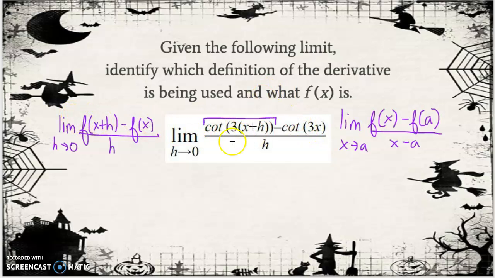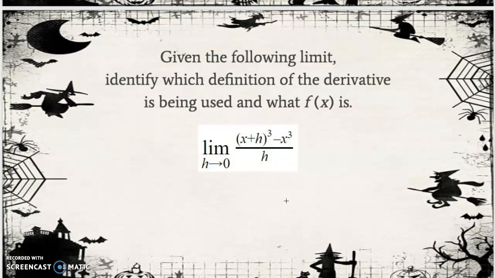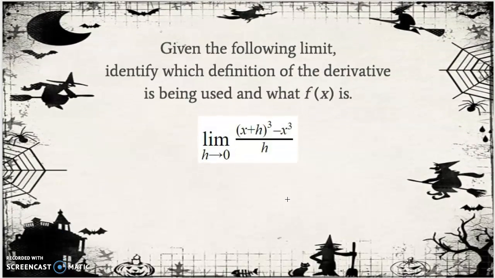So if I look at the first piece with the x plus h in it, I know that my regular function would just be my cotangent of 3 times my input. So if I was going to identify what f of x was, I would say cotangent of 3x.